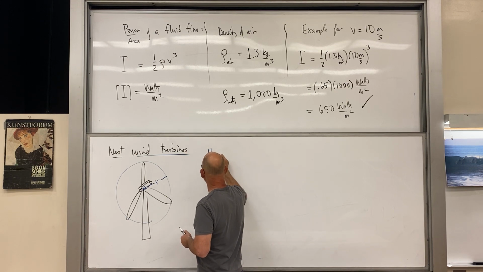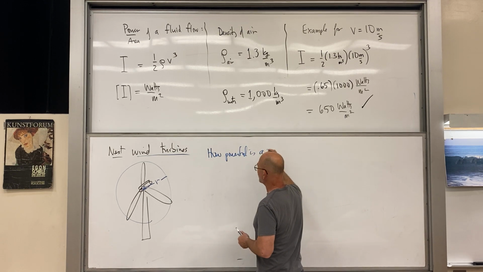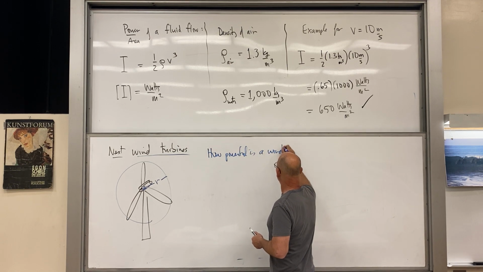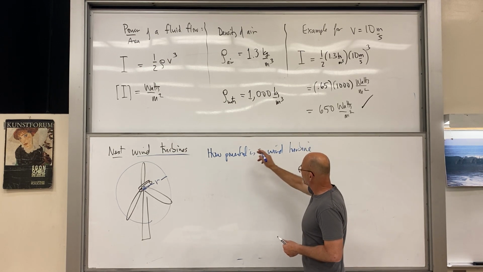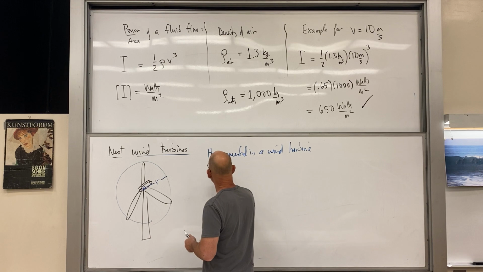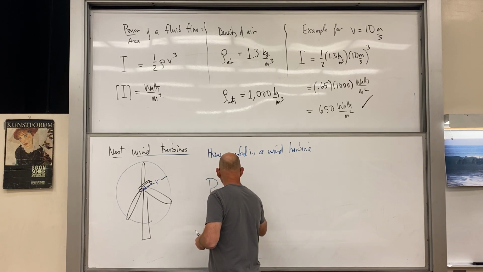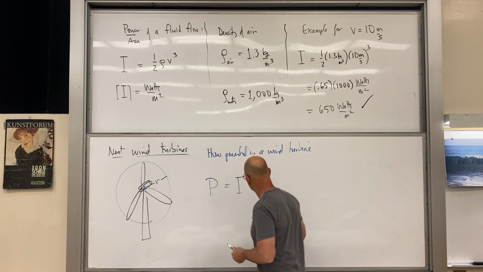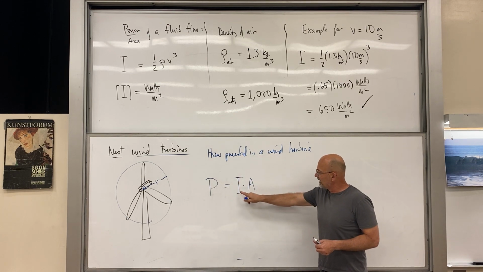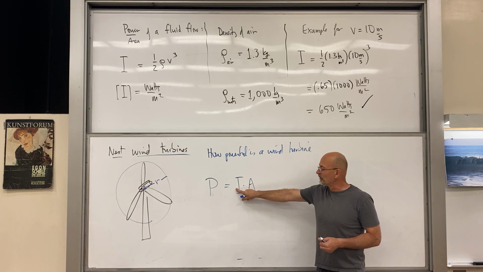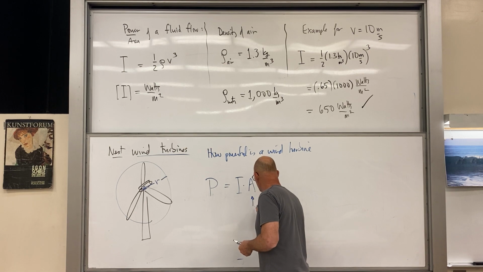How powerful is a wind turbine? We have everything up here that we need. So we have power equals the intensity times the area. Remember, intensity is watts per square meter, so if we multiply by area, we're going to have watts.